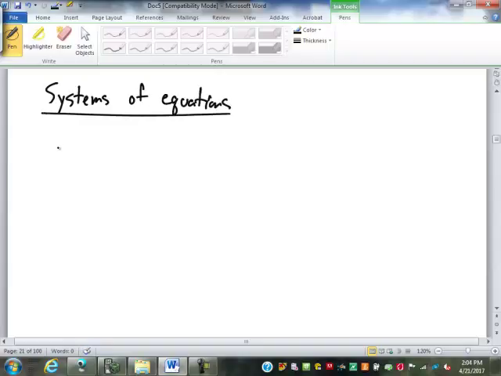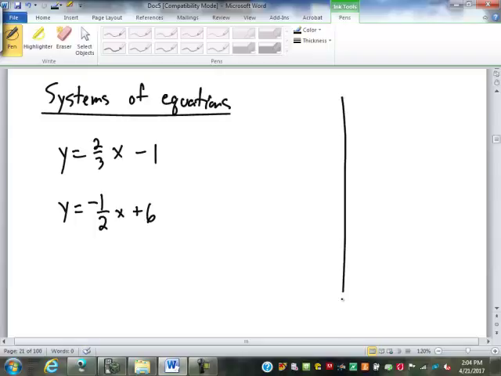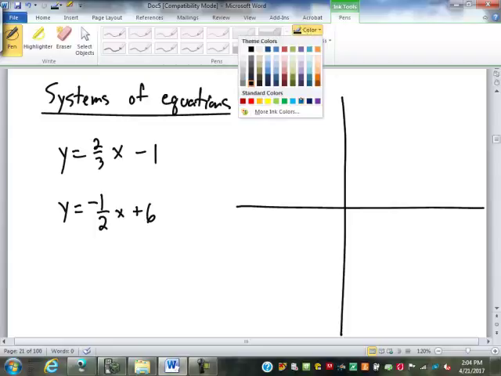So we might have an equation like y equals 2/3 x minus 1, and another equation, y equals negative 1/2 x plus 6. Then we had to graph both of those equations.